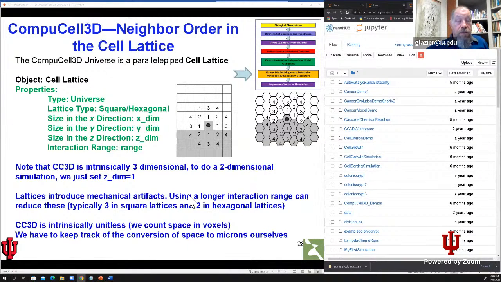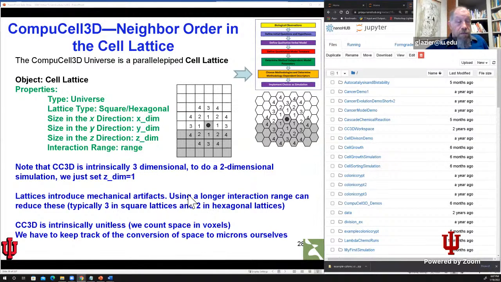CompuCell does not do a great job of units. You can actually specify units in CompuCell, but people typically don't do it. And so we typically do unit conversions by hand. So we'll write down somewhere that one voxel or one pixel is 2 microns. And then we have to keep track of that ourselves.